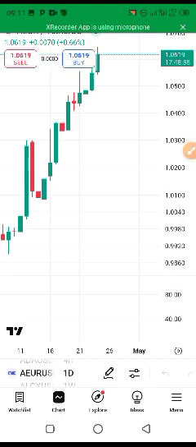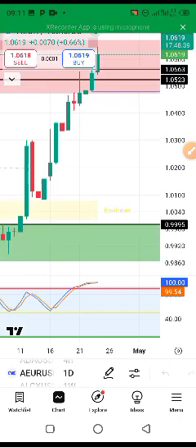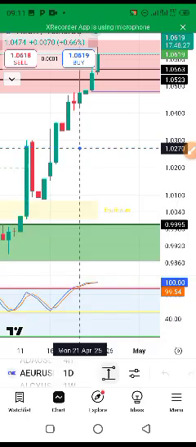Okay, now we can measure the drop by tapping on that pencil. Then we look for price range.